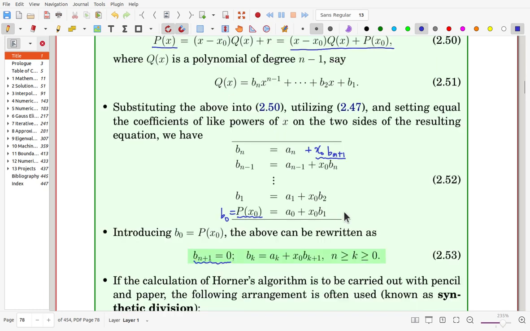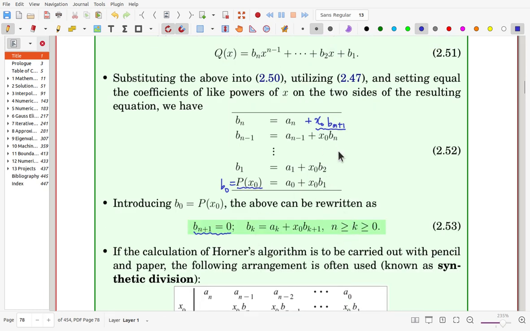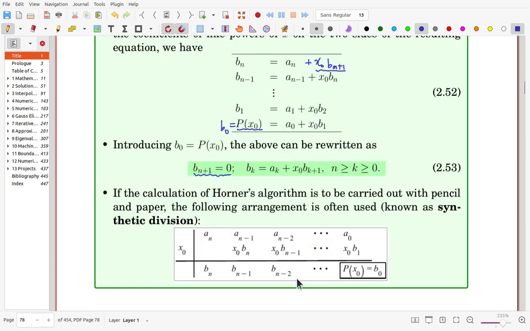Okay, so we organize these identities into this synthetic division. You learned this one from high school. Now, we collect the coefficients of the polynomial, and x0 is here, and an goes down here to become bn, and multiplication is here, and addition, and multiplication, and put here an addition, and so on.